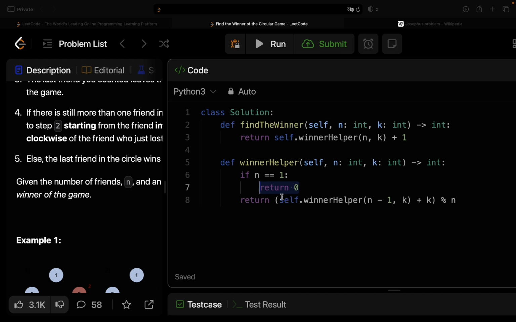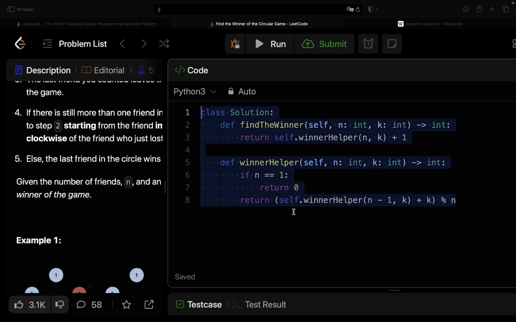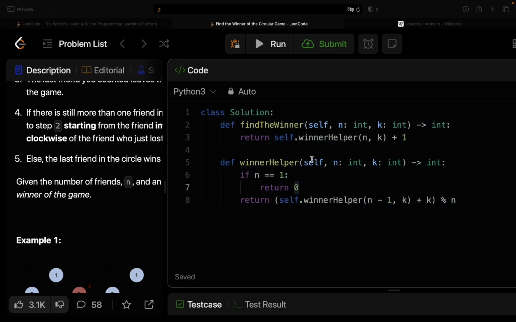But if it is not the case, we're returning the helper winner of n minus 1, since one person has been eliminated, given k plus k mod n, as we have seen in the simplified function. Then it will be a recursive call, so we return that plus 1. That will be the answer.